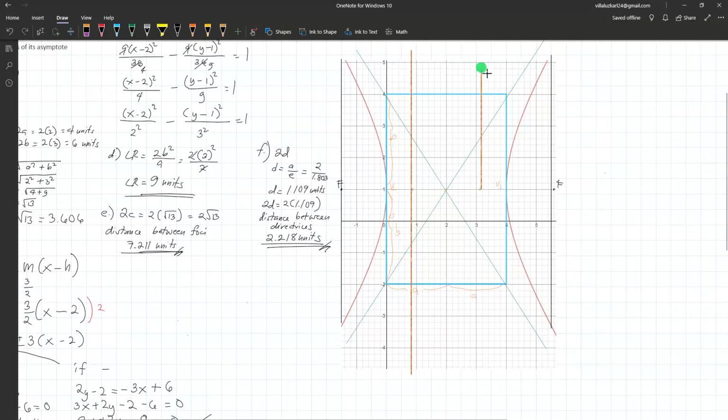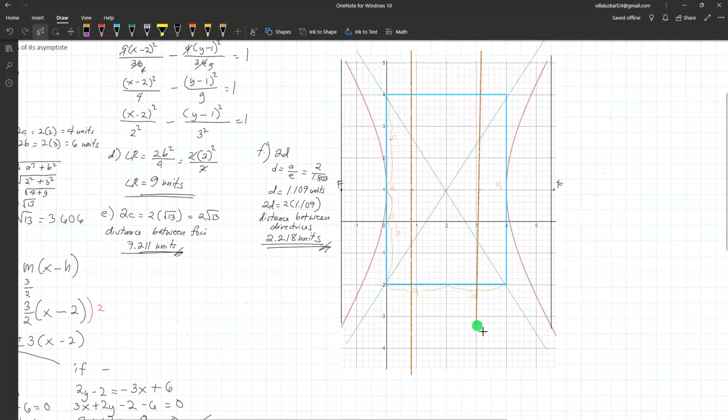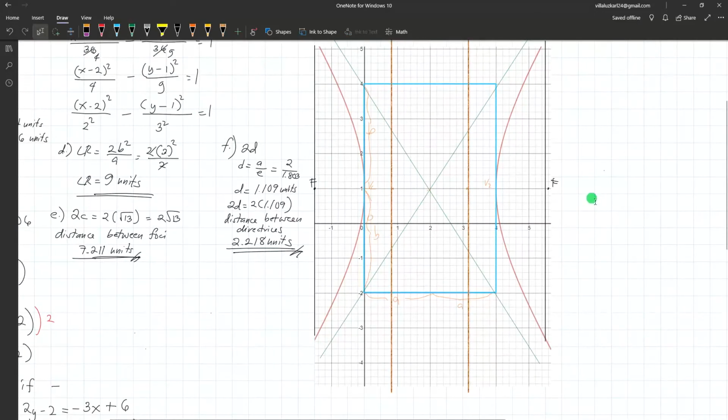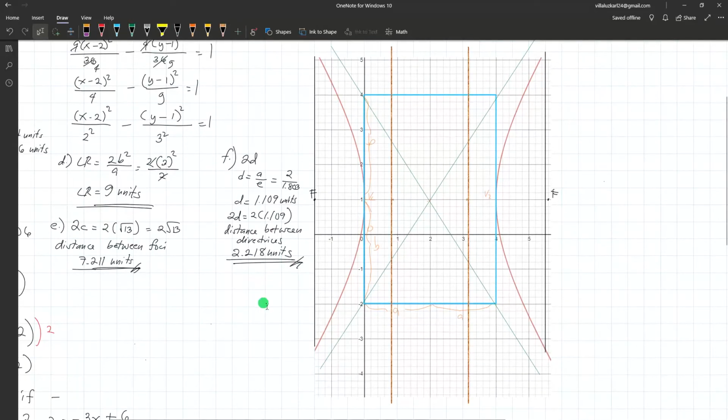That's your directrices. So that's how you draw a hyperbola. Let me just label all the parts. This is the directrix. This is your latus rectum.